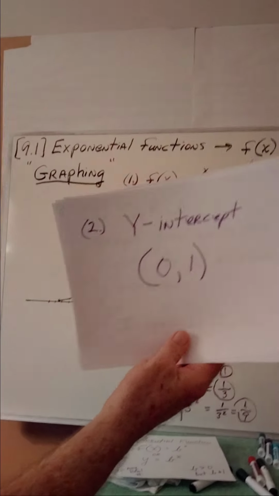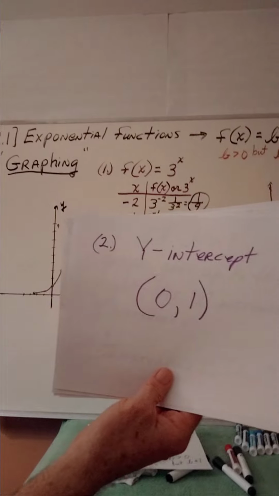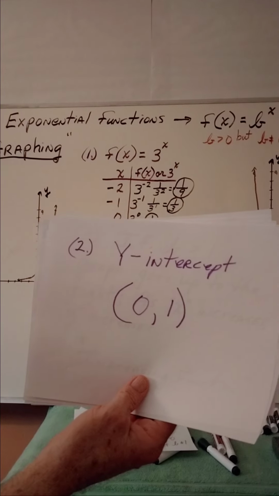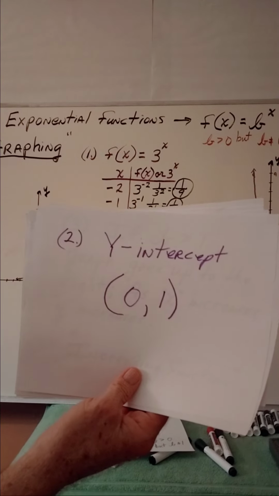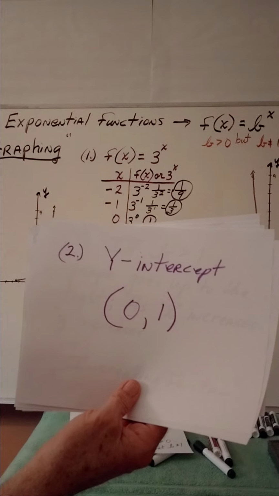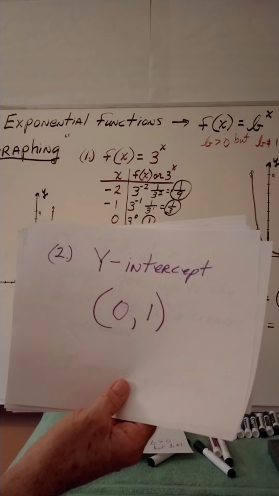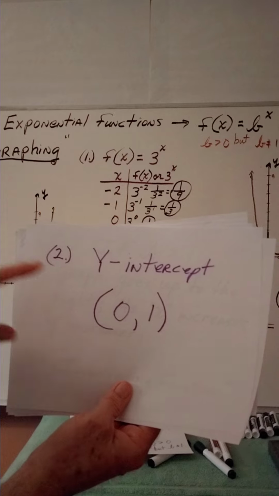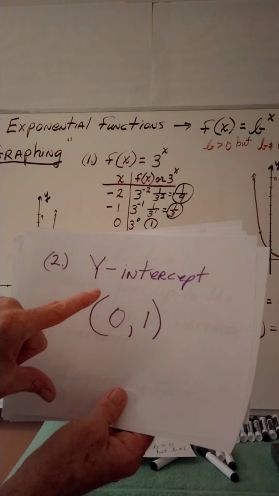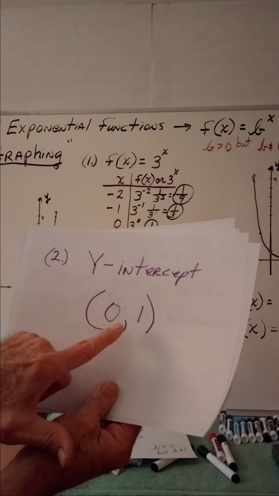Characteristic number 2. For all exponential functions that are written in the form f of x equals b to the x, all of these graphs will intersect the y-axis at (0, 1).